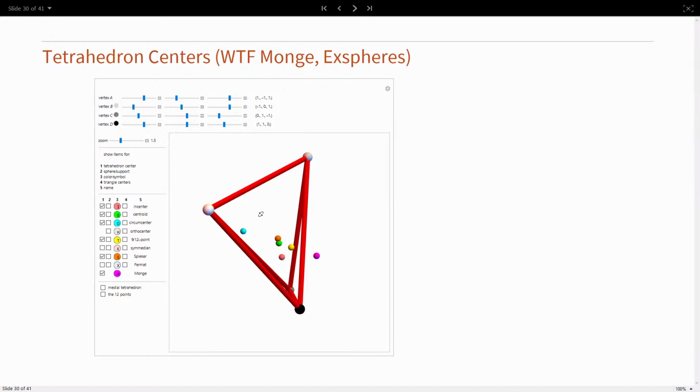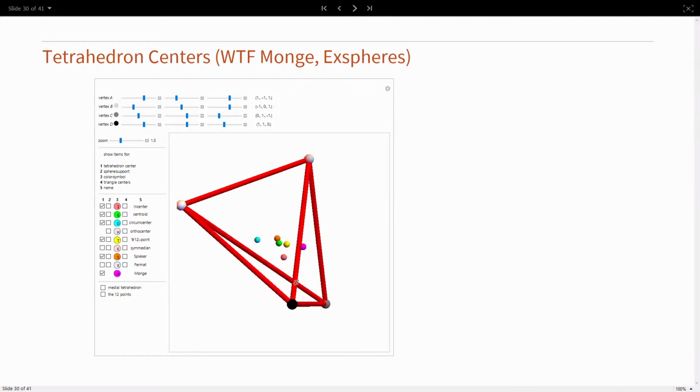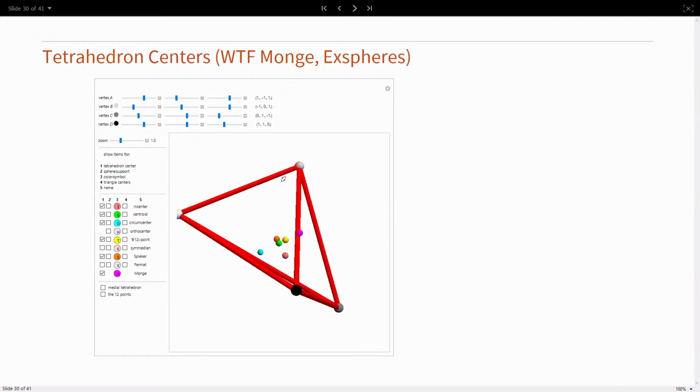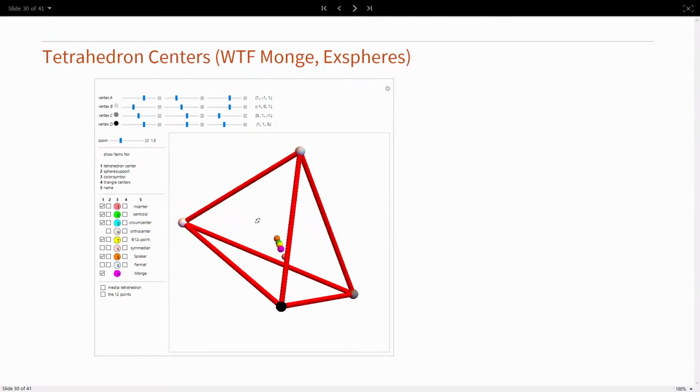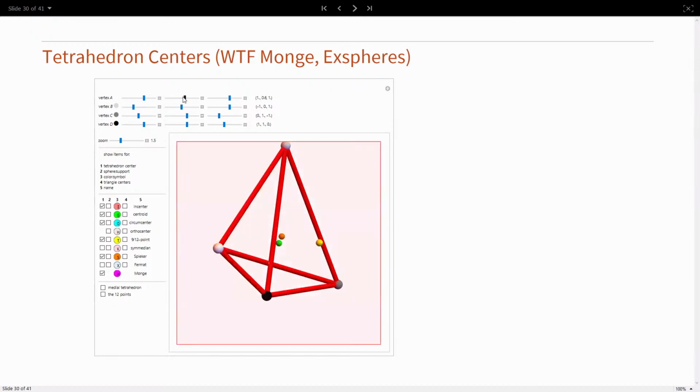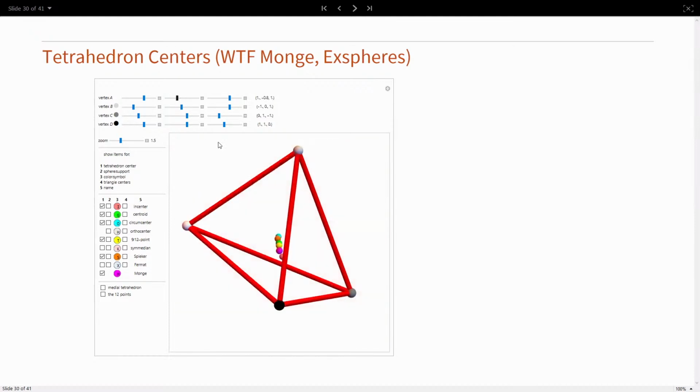There's currently, I believe, 60,000 triangle centers that are known. For tetrahedra, the number that are known is about 20, and I'm thinking that number can be greatly expanded with a dedicated computer search. Oops, I wonder why that tanked. I'll have to take a look at that.